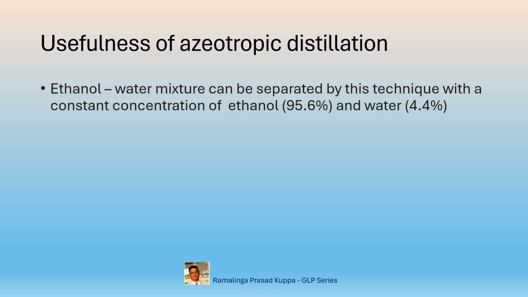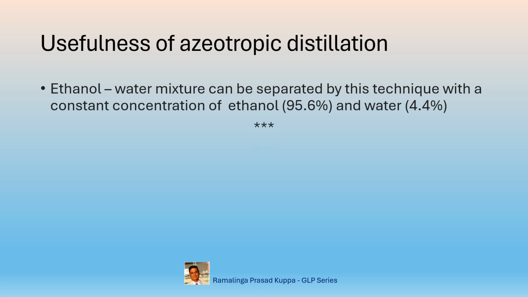One of the examples is ethanol water. When toluene is used as an entrainer, ethanol and water co-distill in this ratio. The other examples include water diethyl ether, methanol acetone, methanol toluene mixtures, etc.